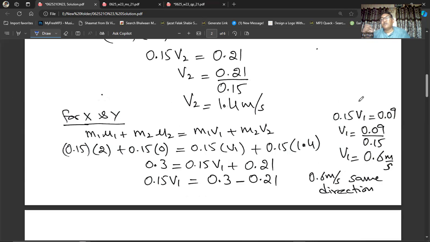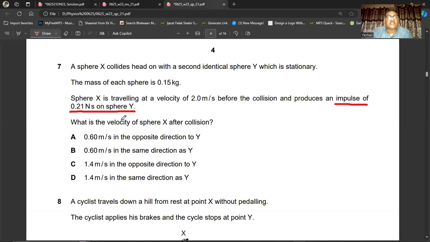So V1 will be equal to 0.6 meters per second. Because the answer is positive, and we have taken the initial velocity of the X also as positive, that means it's going in the same direction. So 0.6 meters per second in the same direction.